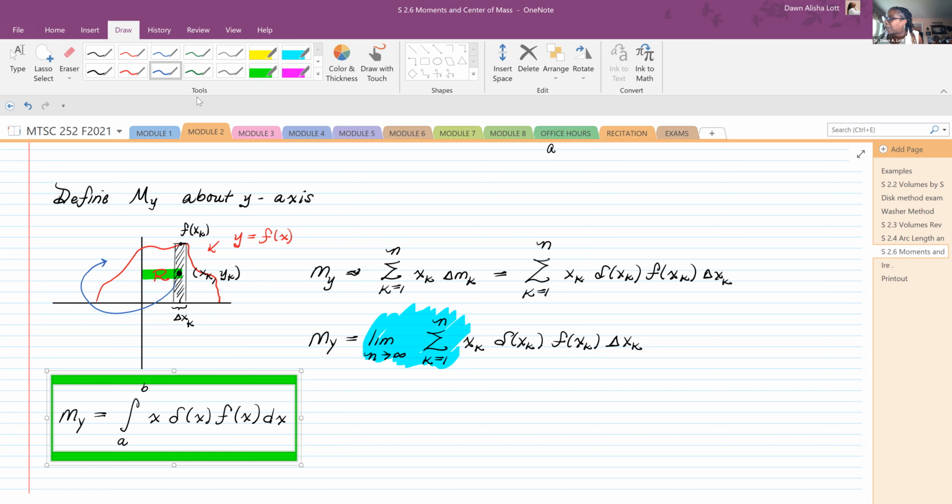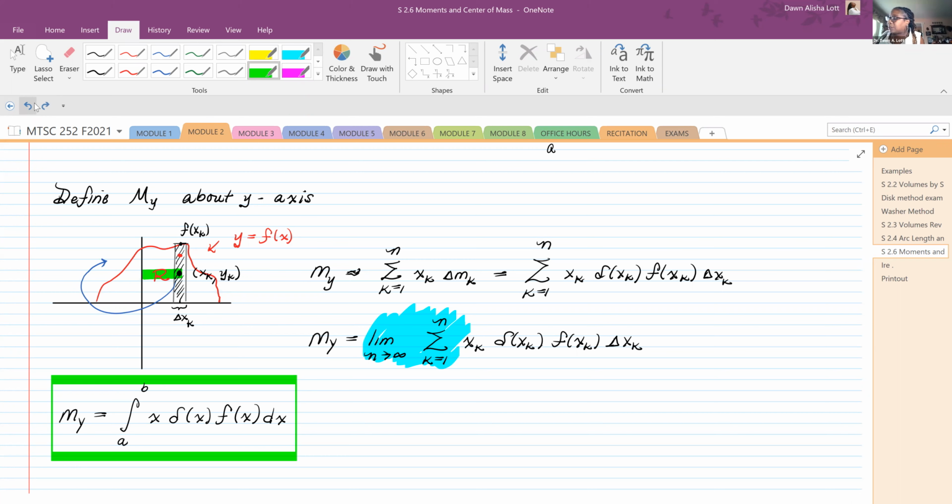Yes. No matter if I put that dot here, it's still the same distance from the y-axis. So the distance from the y-axis is always xk if it's inside that strip.